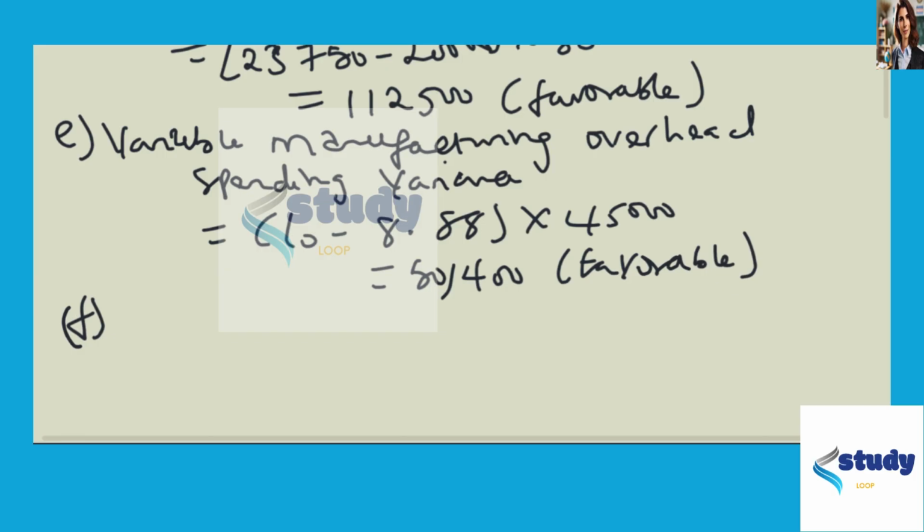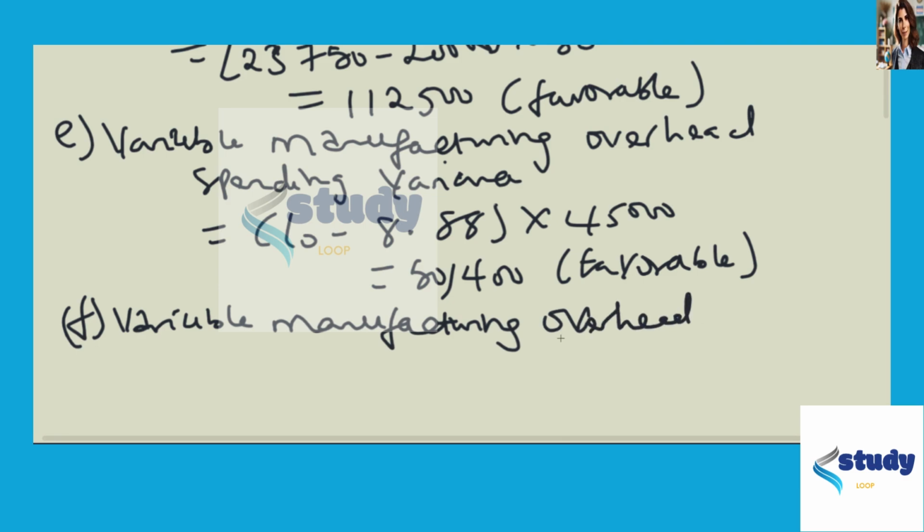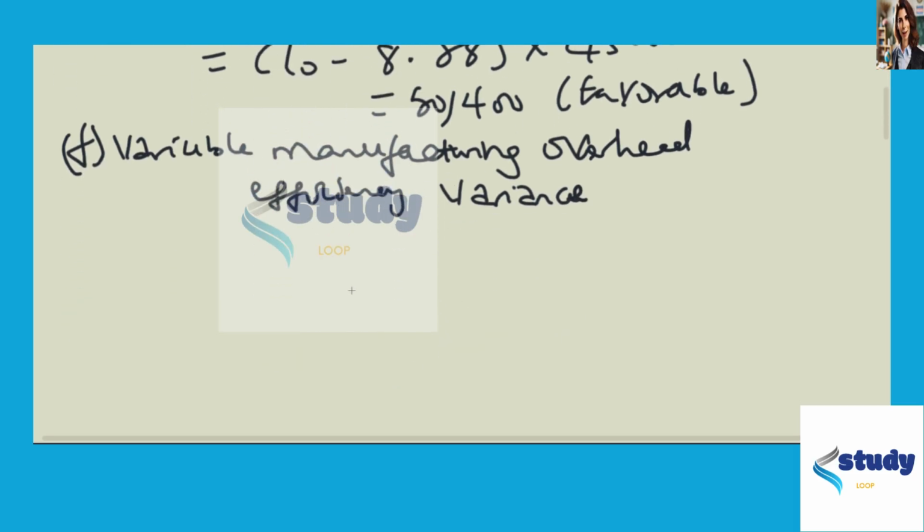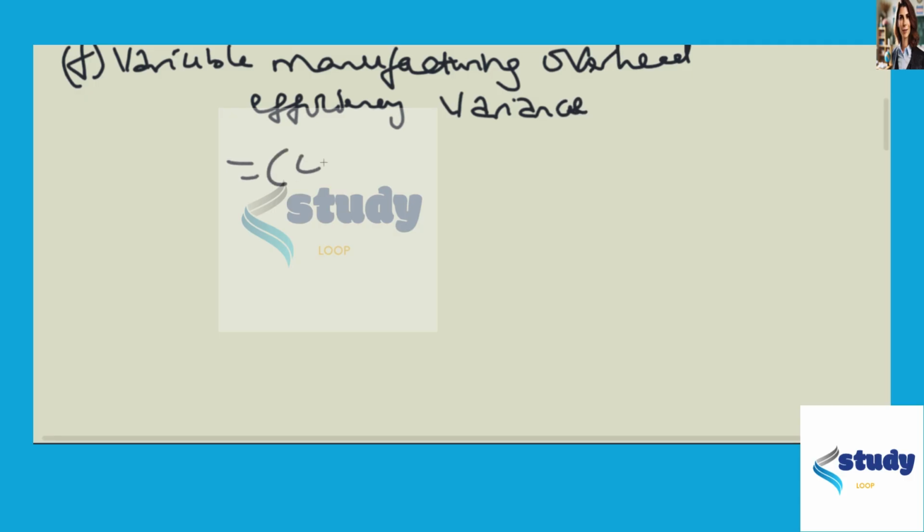Now the next one is variable manufacturing overhead efficiency variance. And this is equal to 47,500 minus 45,000 multiplied by 10.